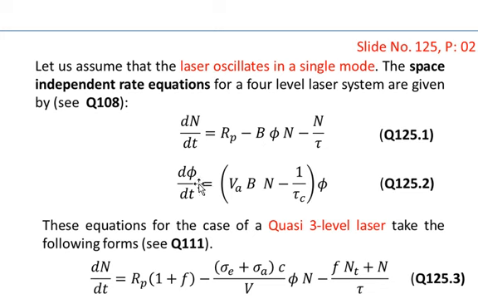And similarly, the rate of change of photon number, d phi over dt, is equal to Va times B times N minus 1 over tau c, this whole term in parentheses multiplied by phi on the right hand side. So one gives the rate of change of population inversion and the other gives the rate of change in photon numbers.